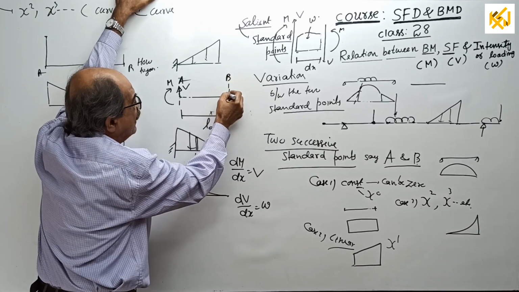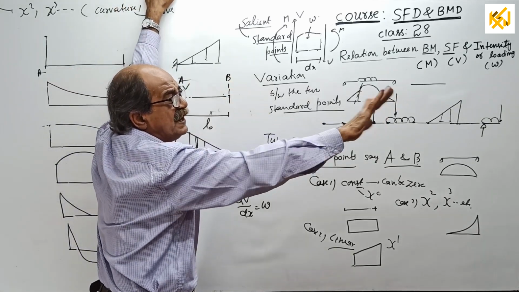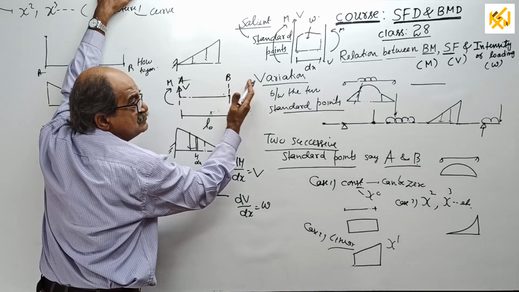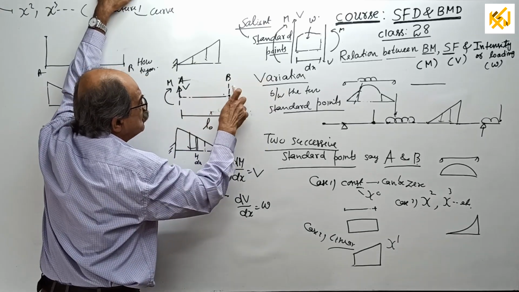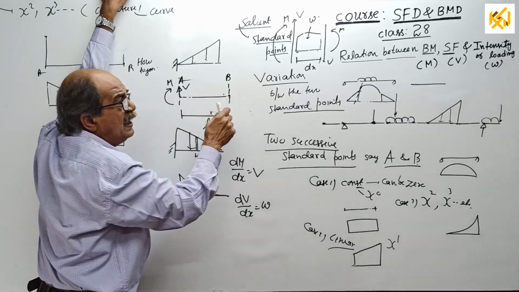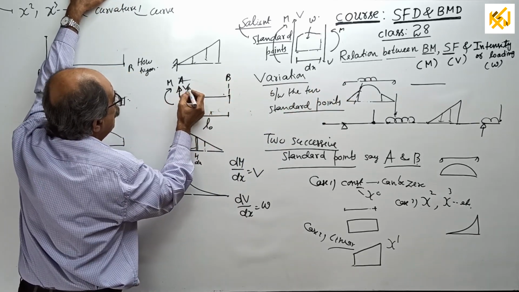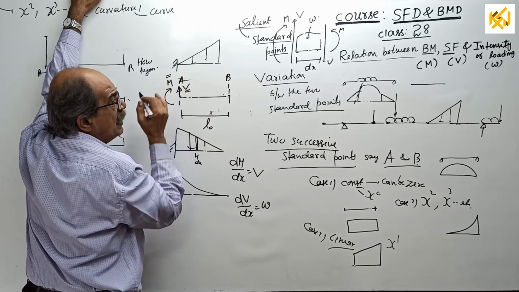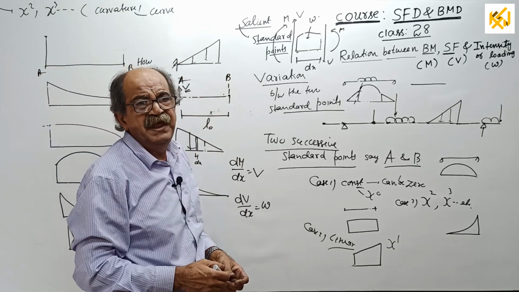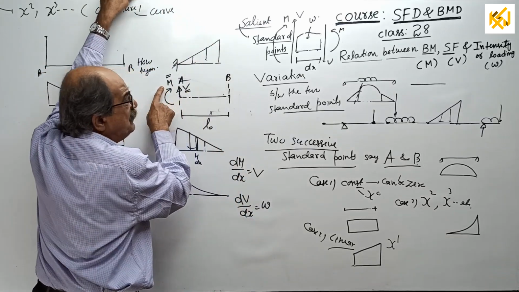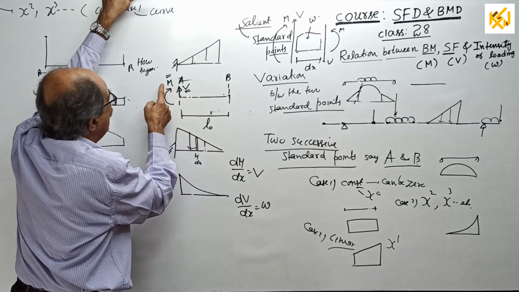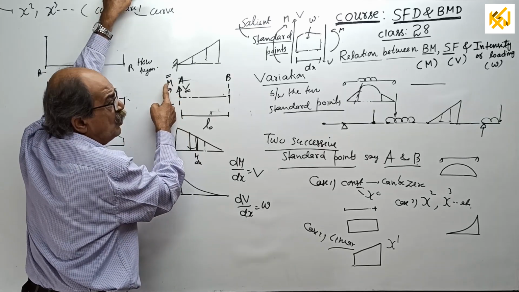I show a cut here. Cut means further I am not interested. I will consider the left side. Even on the right side shear force and BM will be there, but I am not looking at that side. So V and M mean the net vertical force and moment here. Sometimes M may be 0, V can be 0.